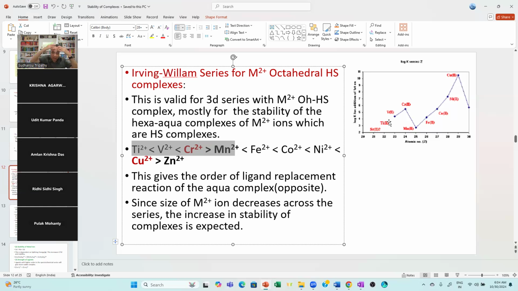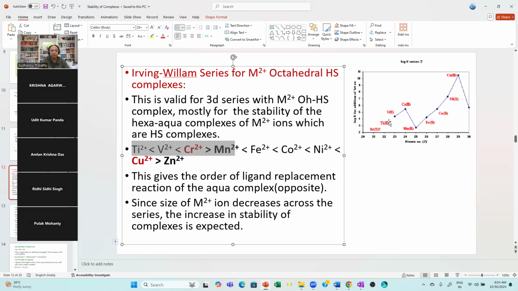But the main idea that you should not forget is that in a series the size decreases, so there is definitely an increase in stability. But that increasing stability due to decrease in size is complicated by CFSE. So there must be a hill somewhere. The trend is increasing, but there will be some hump.